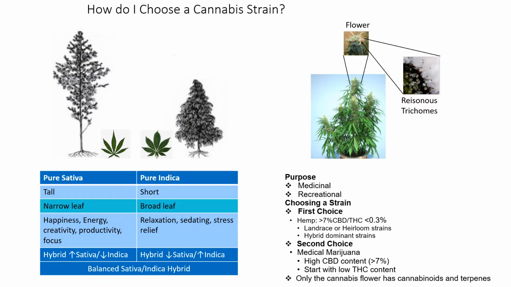Both sativa and indica strains contain varying amounts of CBD and THC. Cannabis plants with greater than 0.3% THC are considered marijuana, while plants with less than 0.3% THC are referred to as hemp. Hemp is a natural source of CBD and is traditionally known for its production of seeds and fiber.